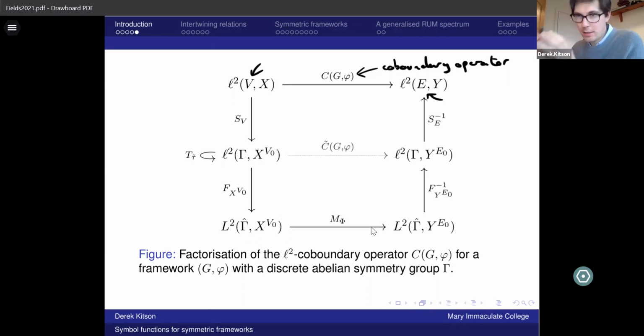You can just have a graph and some linear constraints attached to the edges, whatever is relevant to you, you can use. So that's what the phi is. It basically is a collection of linear constraints rather than specifying points in a space, which is a bit more specific than we need.